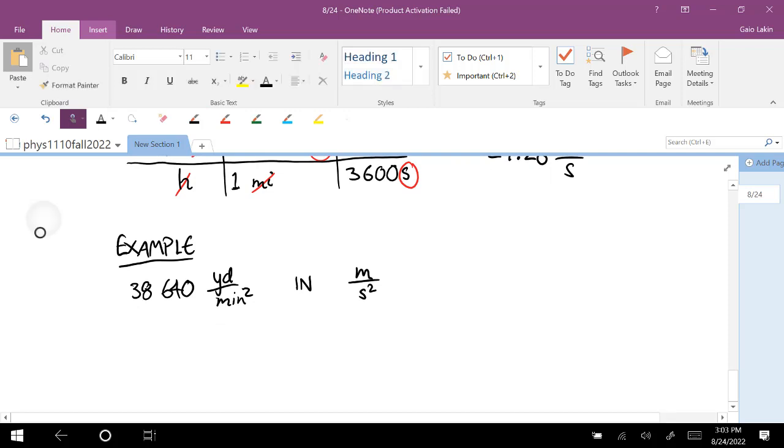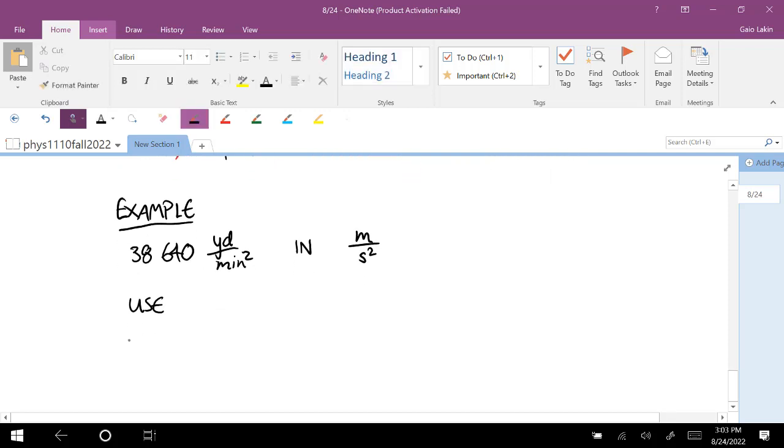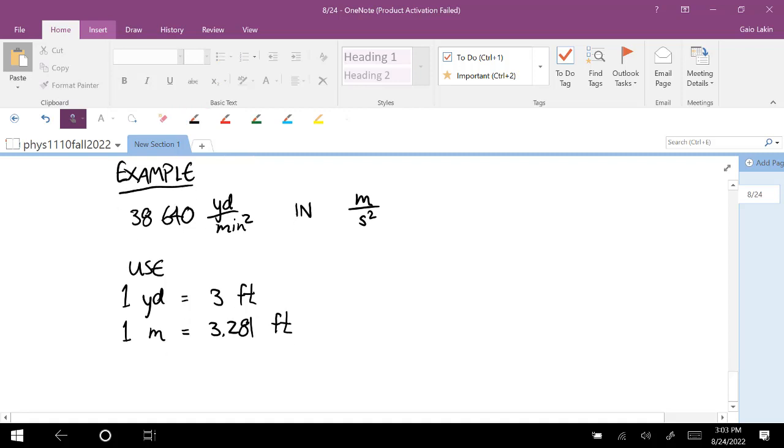And we're going to use 1 yard is equal to 3 feet, 1 meter is equal to 3.281 feet, and 1 minute is 60 seconds.